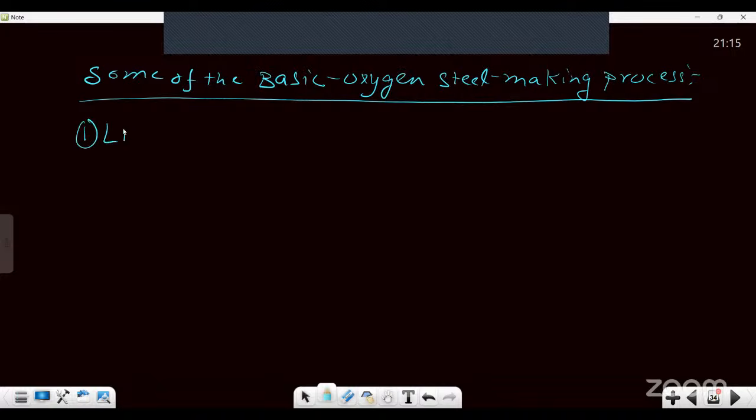One is obviously the LD process, which is a basic oxygen steel making process.